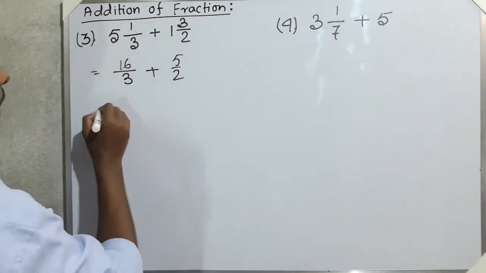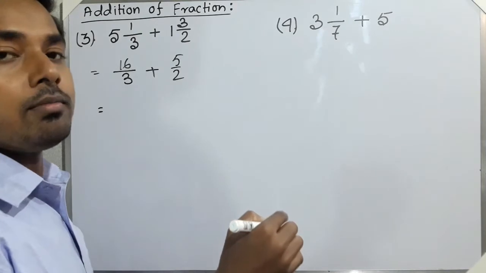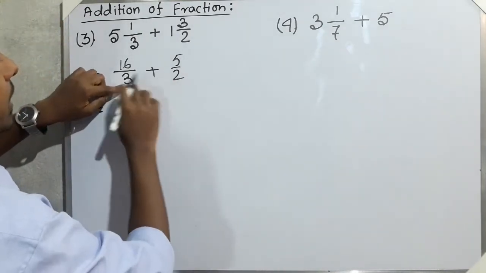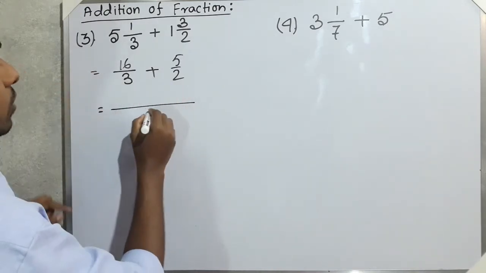Okay, now what I have to do, same thing as you have done in the previous question. First of all, LCM of the denominators. What will be the LCM of 3 and 2? 6.